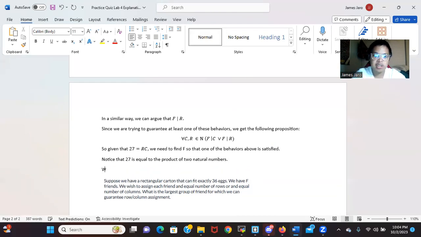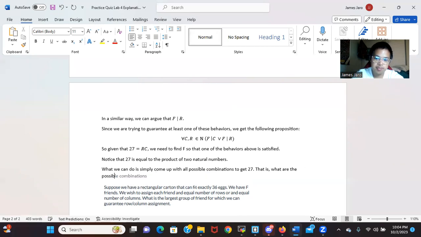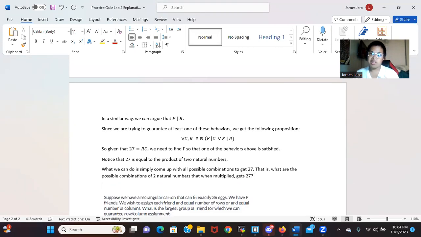What we can do here is simply come up with all possible combinations of two natural numbers that, when multiplied, give 27 as a result. So simply put, what are the factor pairs of 27?